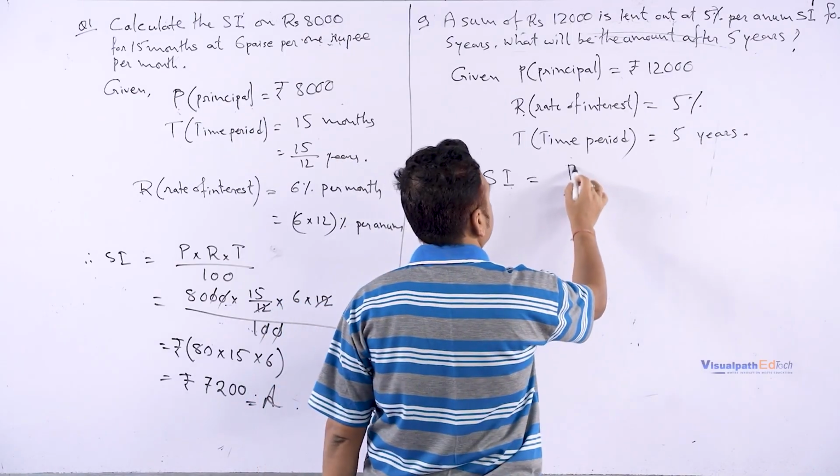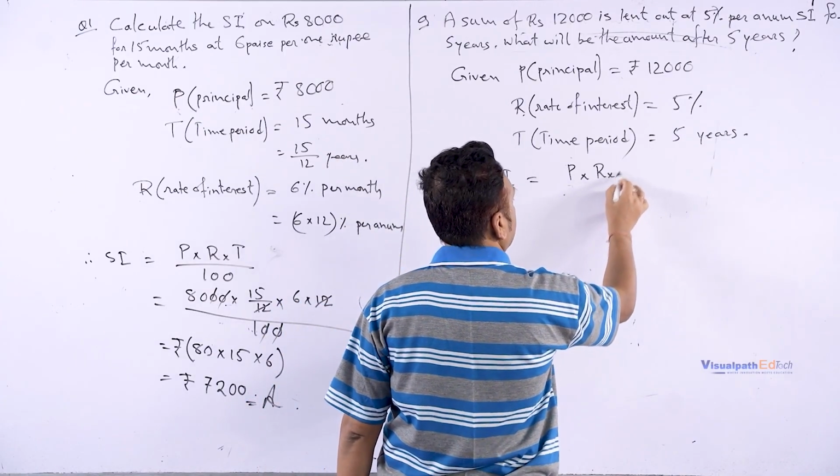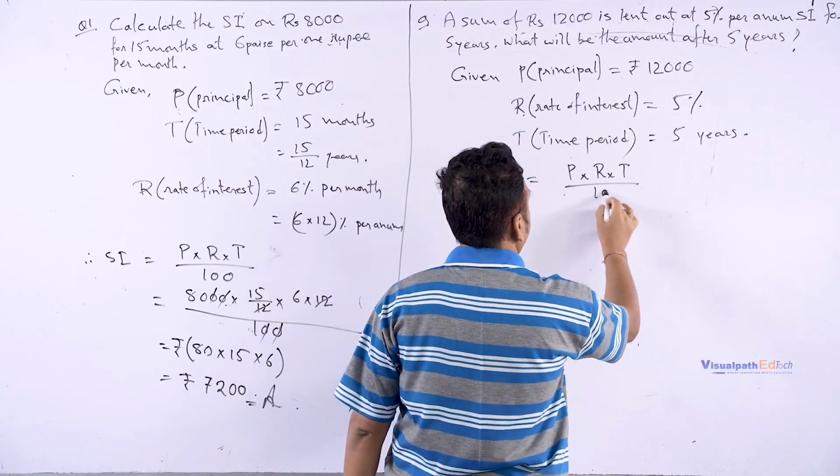Simple interest is P into R into T upon 100.